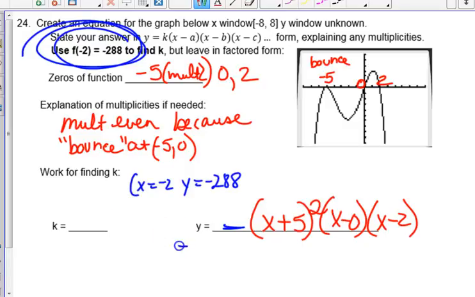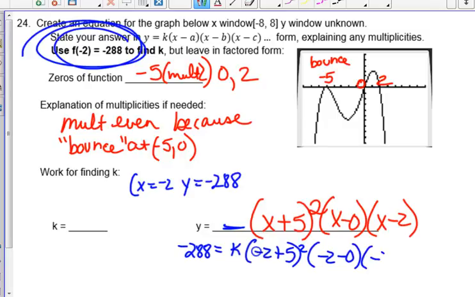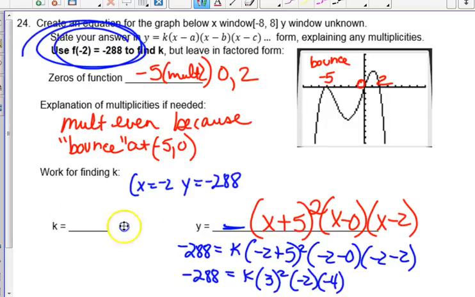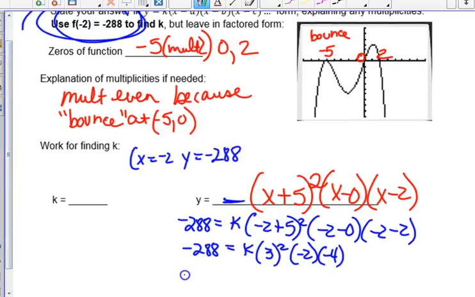So if I do that, I'll have -288 equals k times -2 plus 5 squared times -2 minus 0 times -2 minus 2. This is all multiplied, so I have -288 equals k times 3 squared, or 9, times -2 times -4. -288 equals k times 9 times 8, or 72.